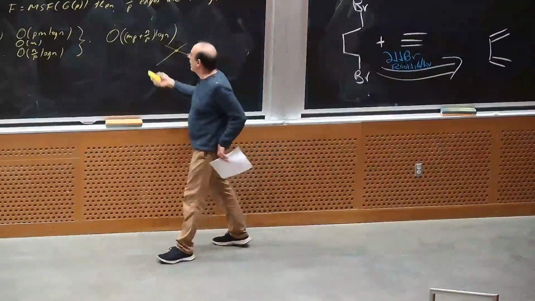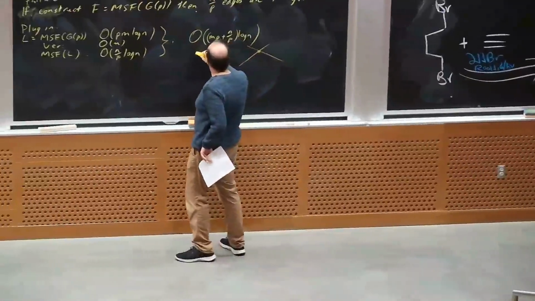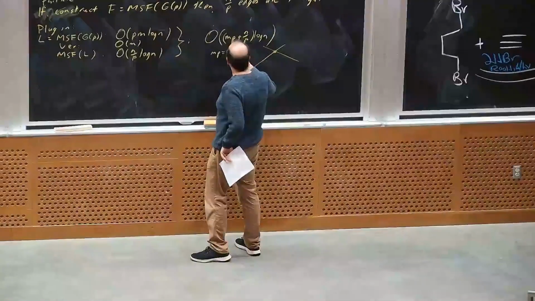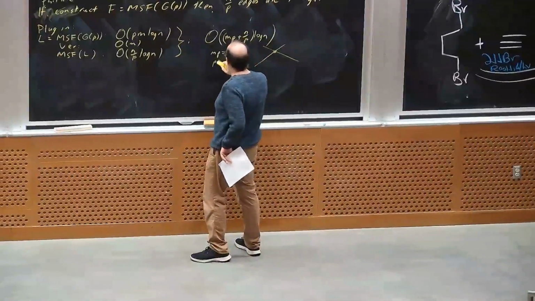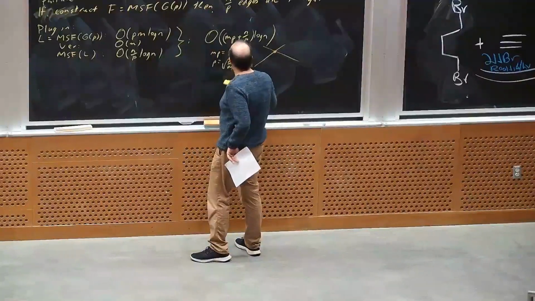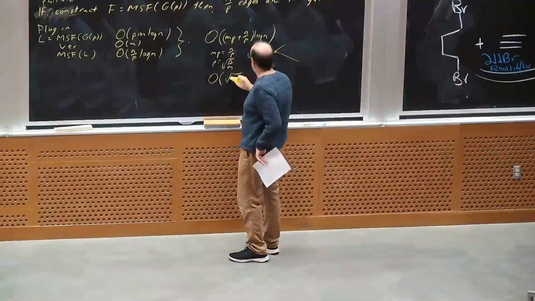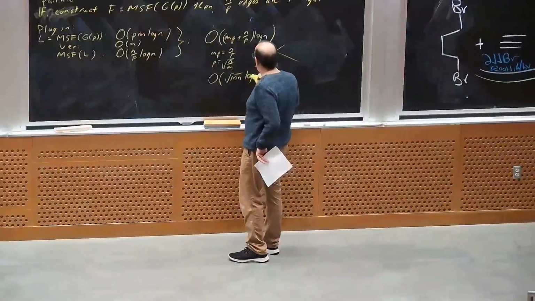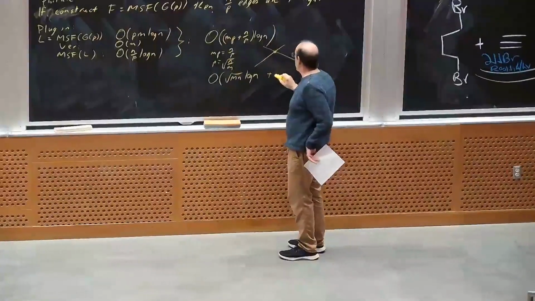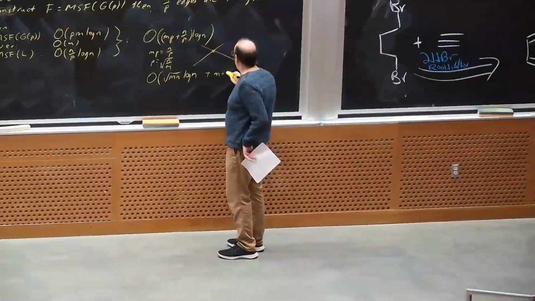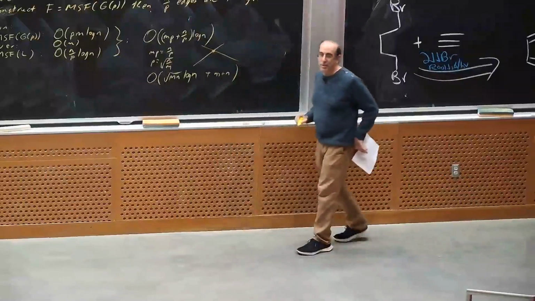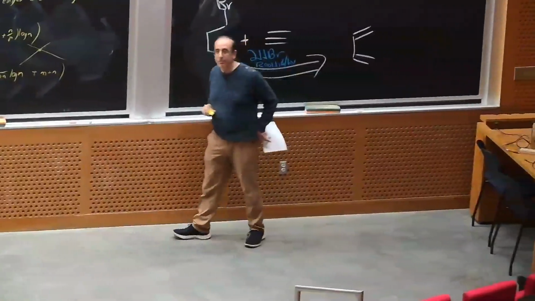And so you set these equal, set mp equals n over p, which means you set p equal root n over m, and that gives you a running time of root mn times log n. Now you have to be a little bit careful about some lower order terms that might dominate.